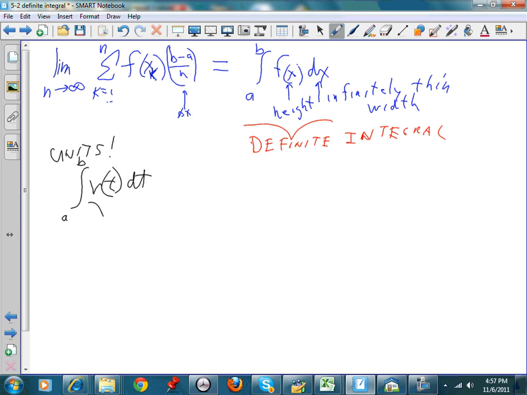The units of velocity are meters or feet per second, times the dt, the width of this thing, which is in seconds. So you see what I'm really adding up. An integral is a big adder. I'm adding up meters.